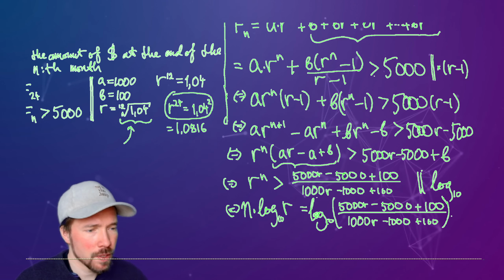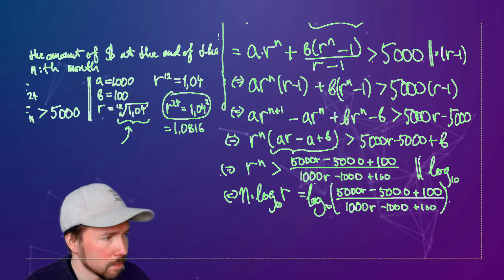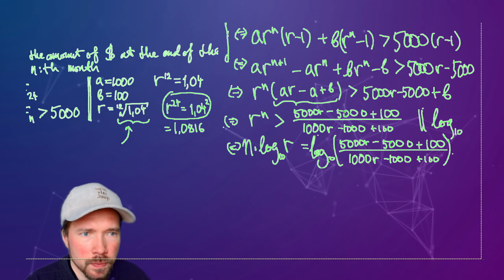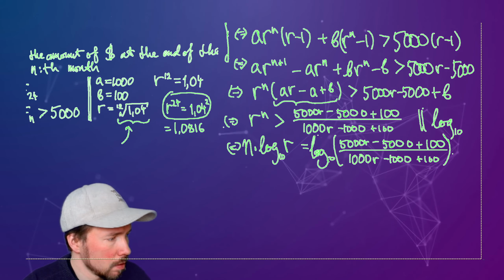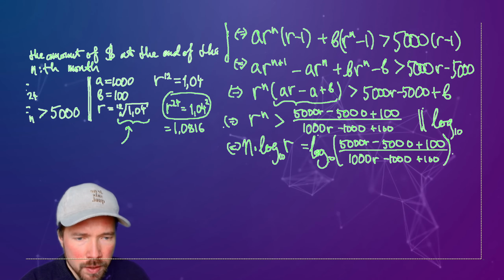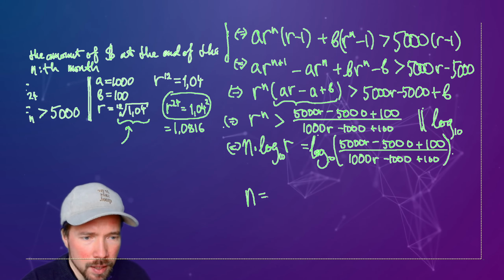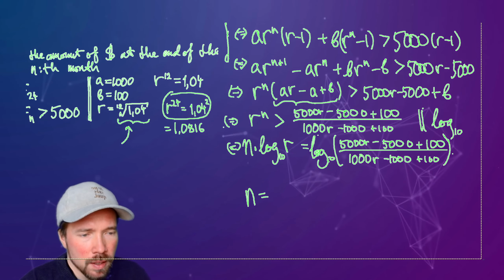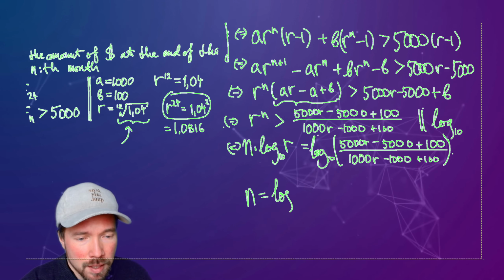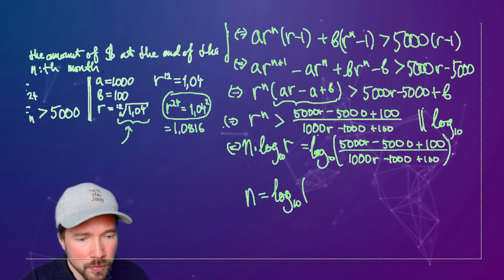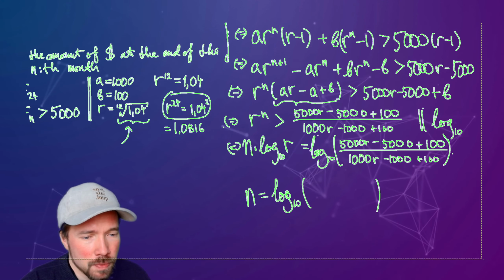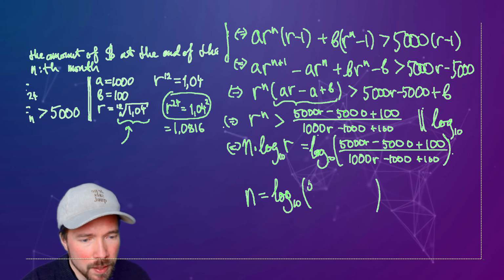Let me move stuff a bit. So now what we have is that n equals the base 10 logarithm of this expression, which, to be honest, I shouldn't have opened these brackets.